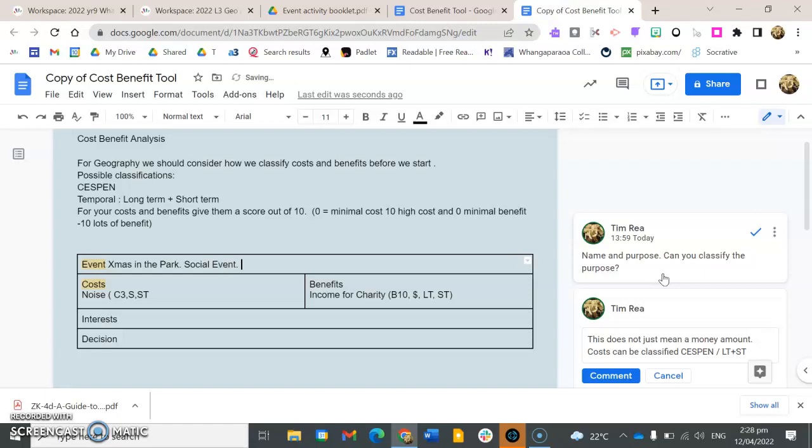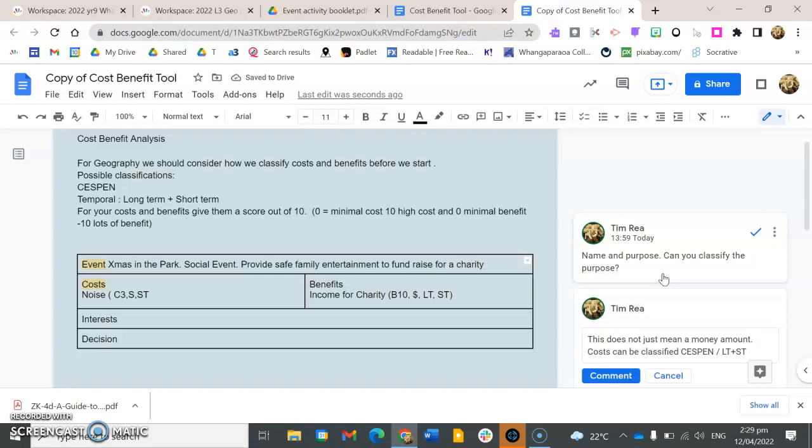The social event is to provide safe family entertainment, and also to raise money for whichever charity it is, I can't remember the name. Okay, so that's the event.